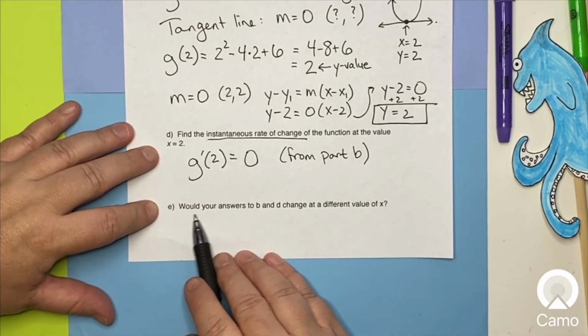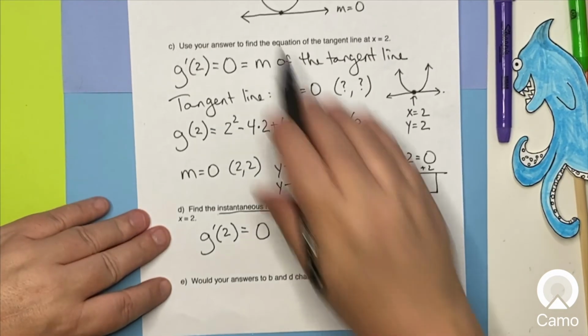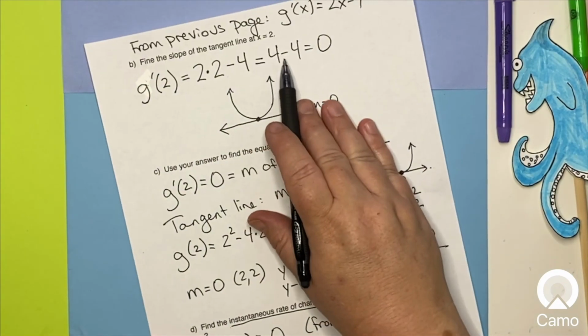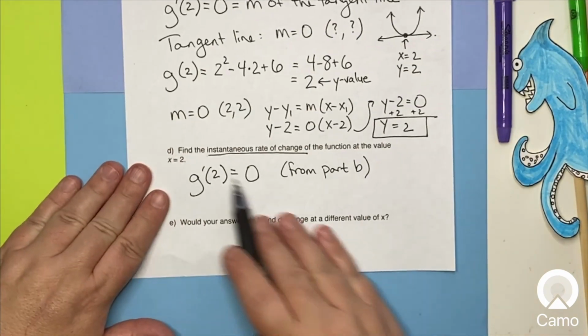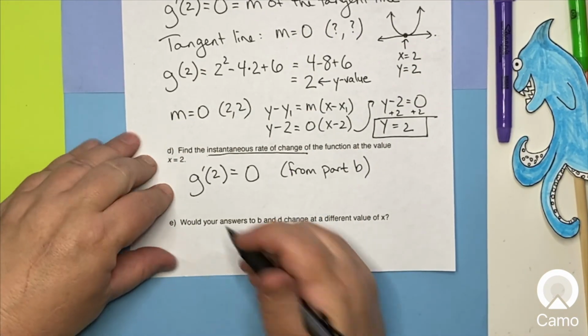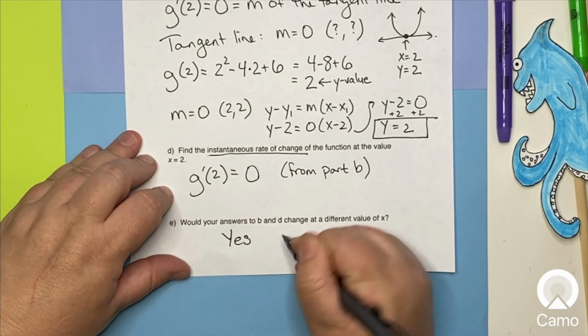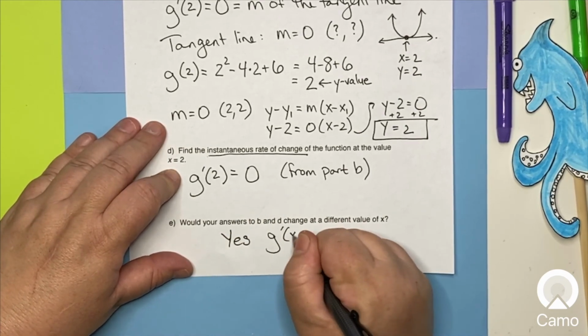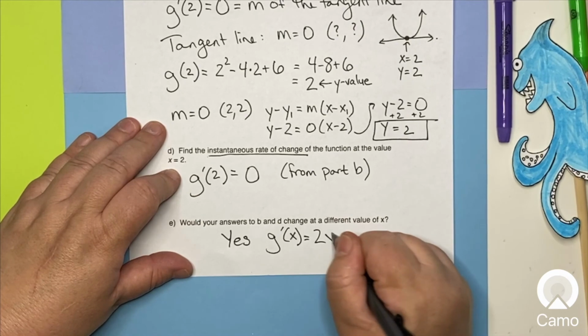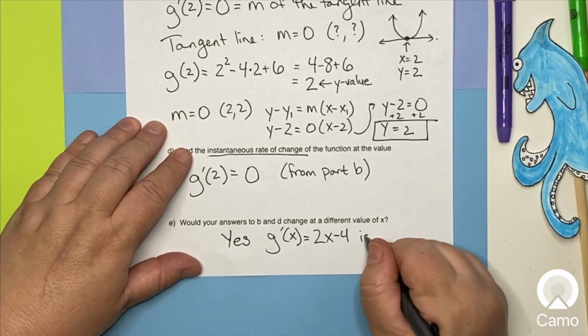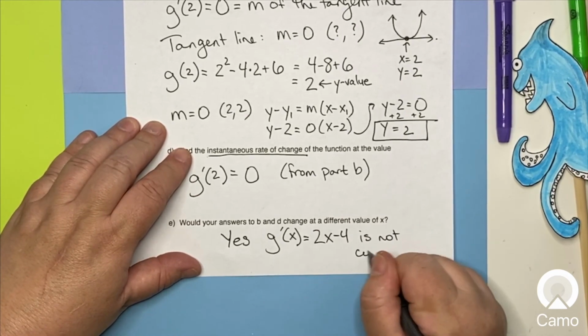Okay, would your answers to B and D, B is way up here, this one, sorry, and D, this one, change at a different value of x? Yes, because the derivative 2x minus 4 is not constant.